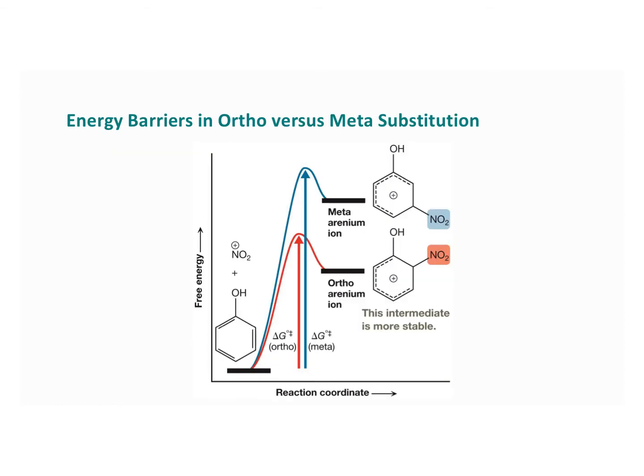So to begin to answer this question, we need to remember that electrophilic aromatic substitution reactions generally happen under kinetic control. This means that the faster reaction wins. So the relative amounts of ortho, meta, and para disubstituted products produced in electrophilic aromatic substitution reactions are proportional to the rates at which they are produced.